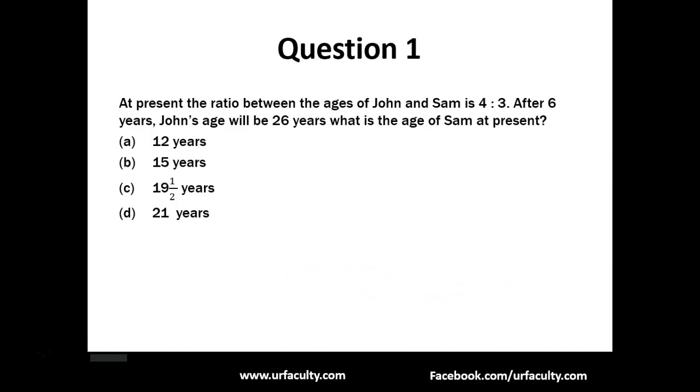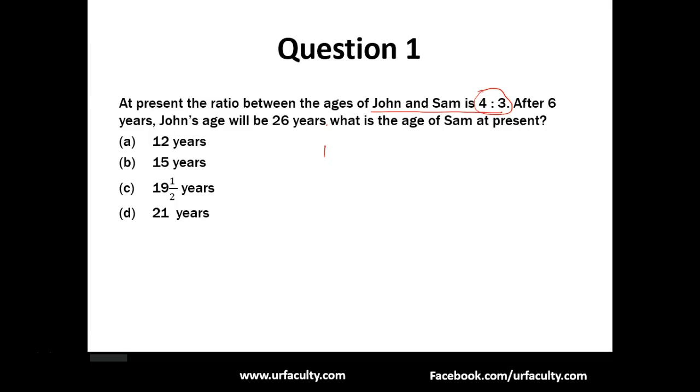Okay, moving on. At present, the ratio between the ages of John and Sam is 4:3. After 6 years, John's age will be 26 years. What is the age of Sam at present? So in such questions where there's a ratio, we need to just take the values with the variable x.